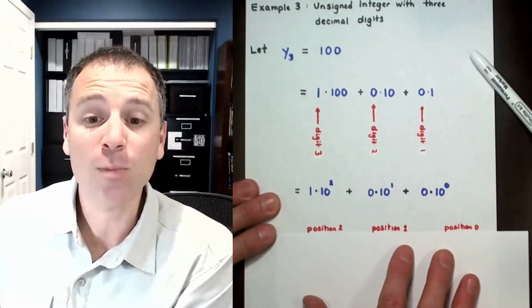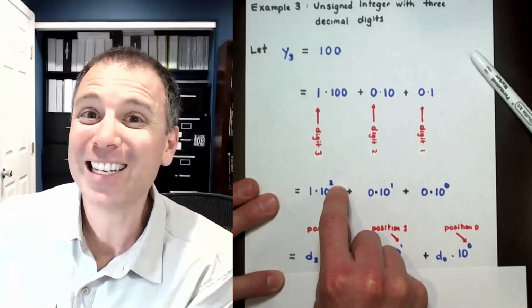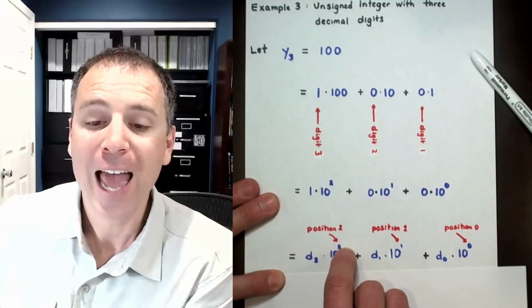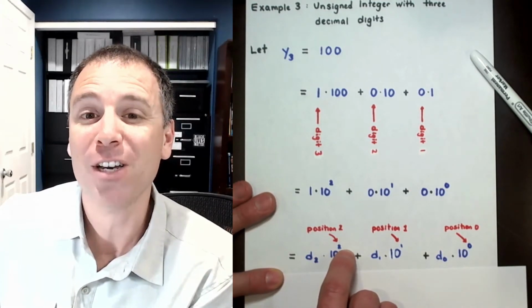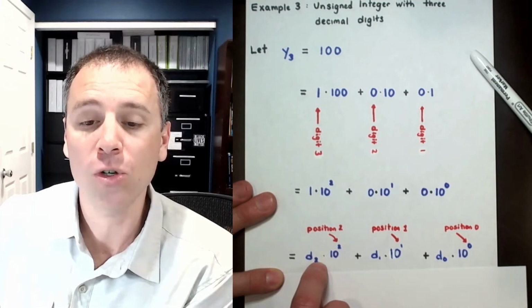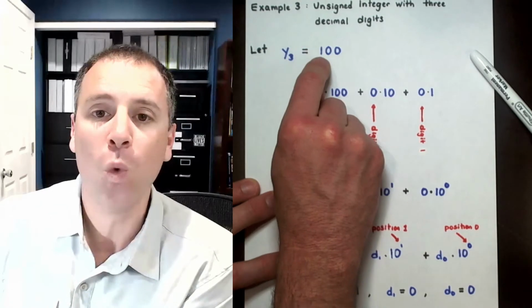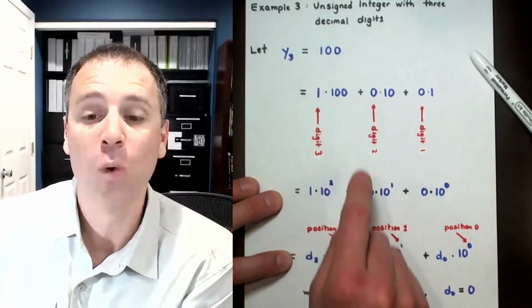Well, in decimal representation, we would say that that power represents the position value, the power of the base, and we're going to index each decimal digit using that position value. So d sub 2 times 10 squared, what is d sub 2 in this case? Well, it must be 1 because 100 has 1 group of 10 squared.